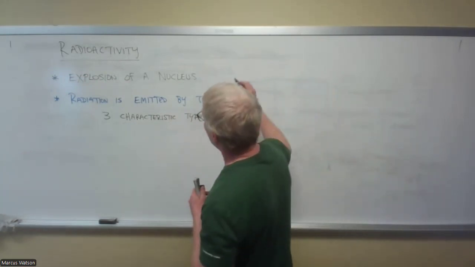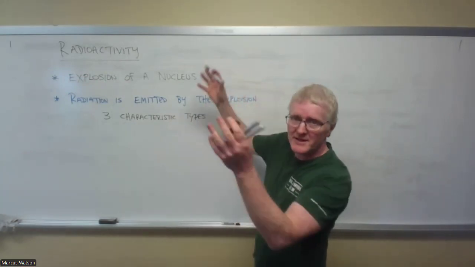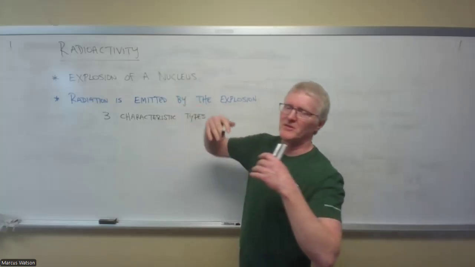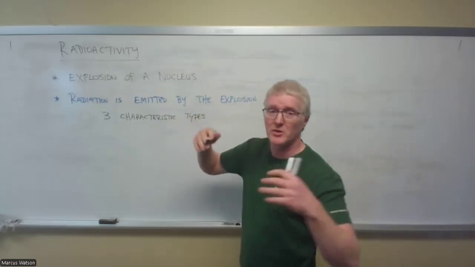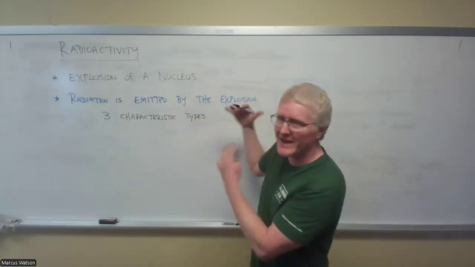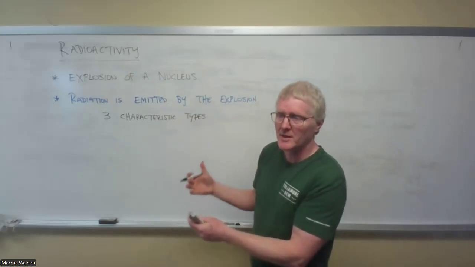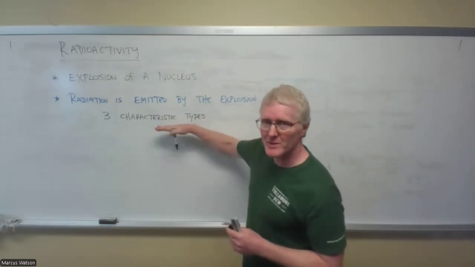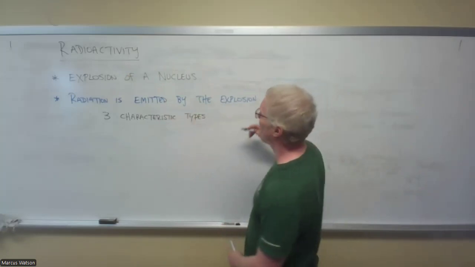There could be bits of all of these things coming off. There could be large pieces, small pieces, pieces moving faster, pieces moving less fast. There could be electromagnetic radiation coming away. There could be lots of stuff. This is all characterized as radiation. But like I said, we have particular categories of what this is. So there are characteristic types, and then there are other types. So let's talk about this.